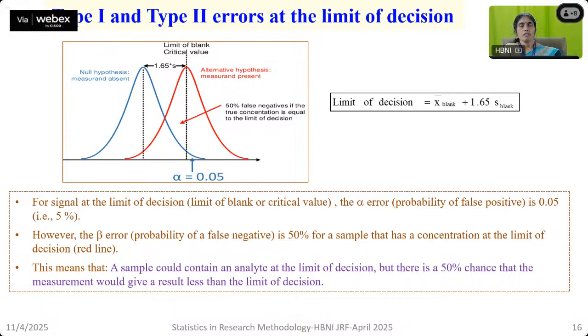As I told you, it becomes very crucial when you are at the verge of decision making. Suppose you have a particular result wherein the measurement is absent, which is shown in the blue curve. When you put a significance level of alpha on the blue curve, you see that the right tail of the blue curve, ahead of the dotted line, represents the alpha value of 0.05.